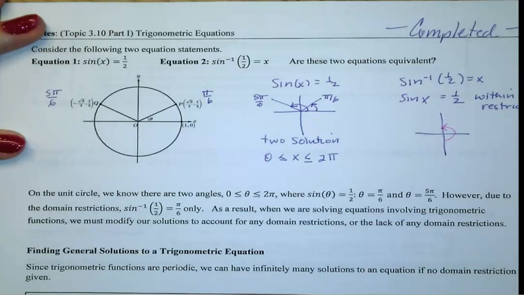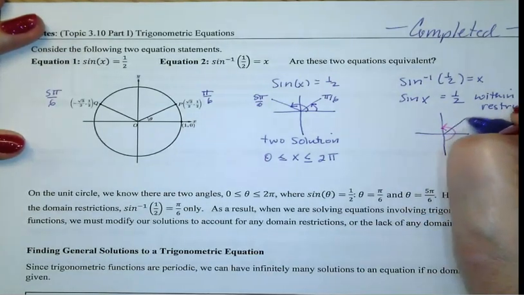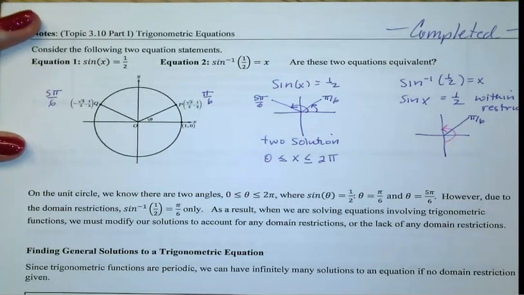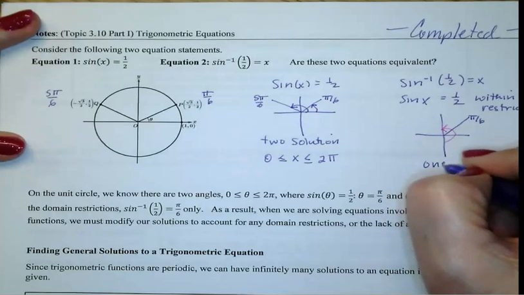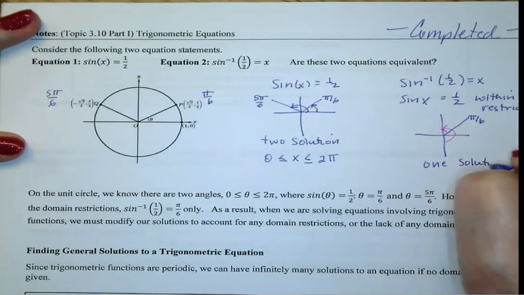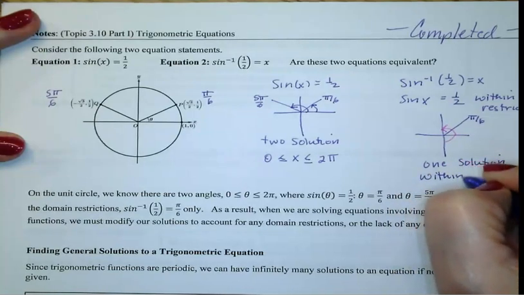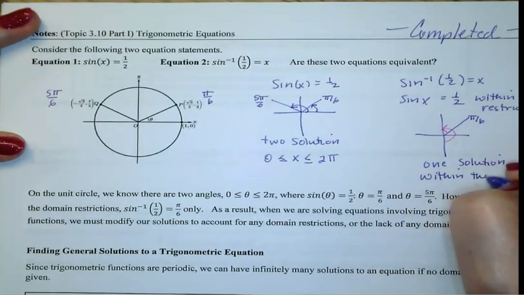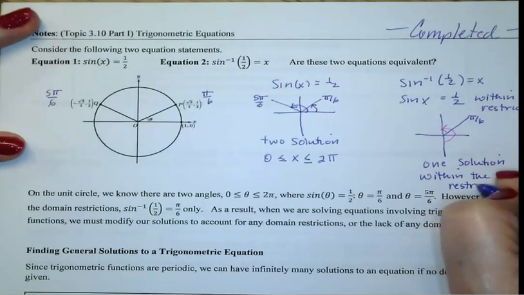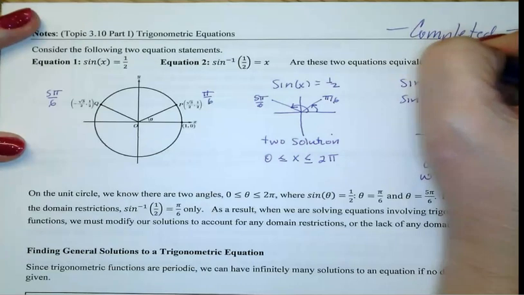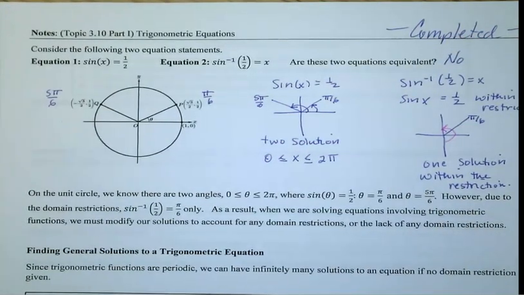So we would have to find a solution within that restriction. And that means that only the pi over 6 answer would be possible. So within the restriction, there is one solution. So then the answer to this question should be no, because each equation is producing a different quantity of solutions.